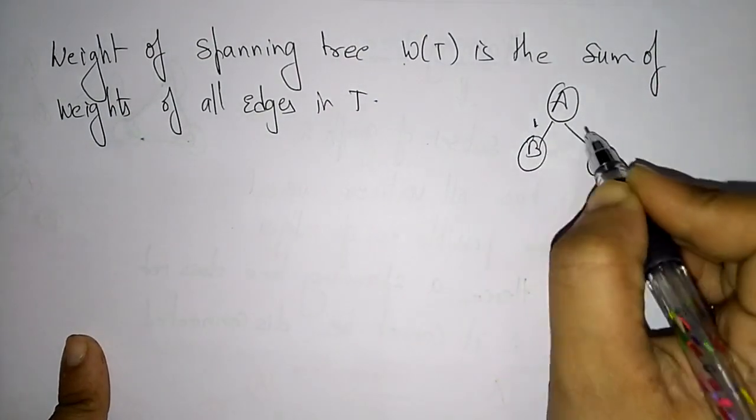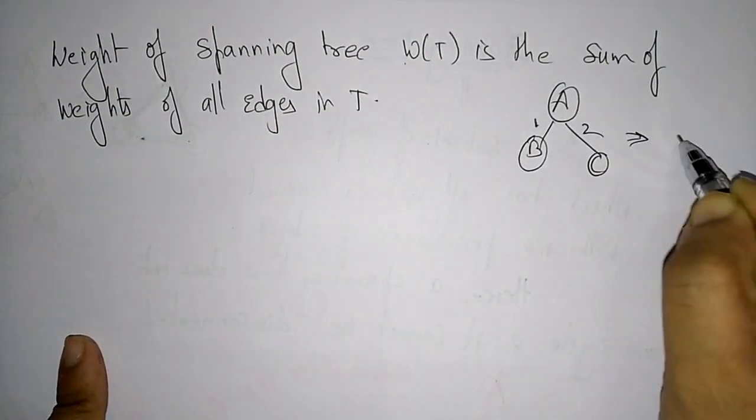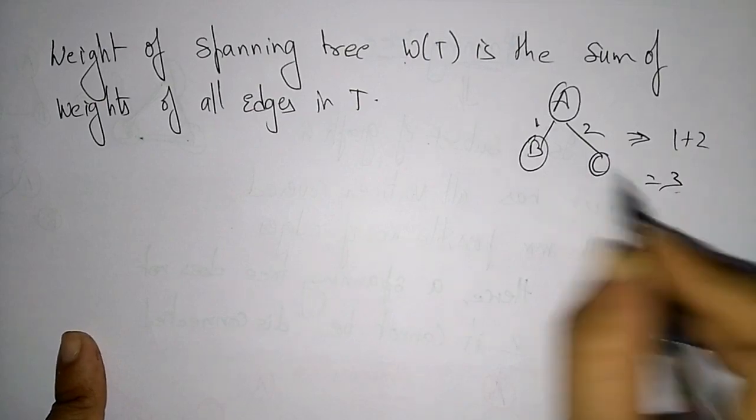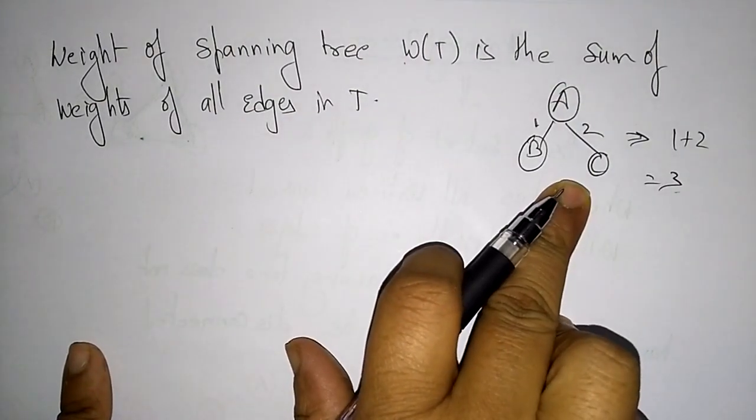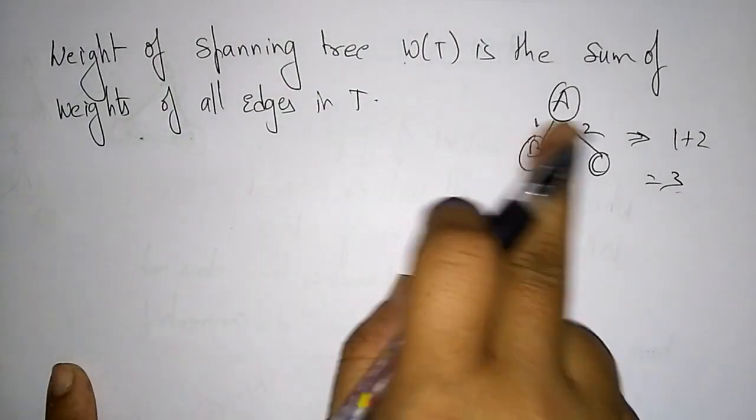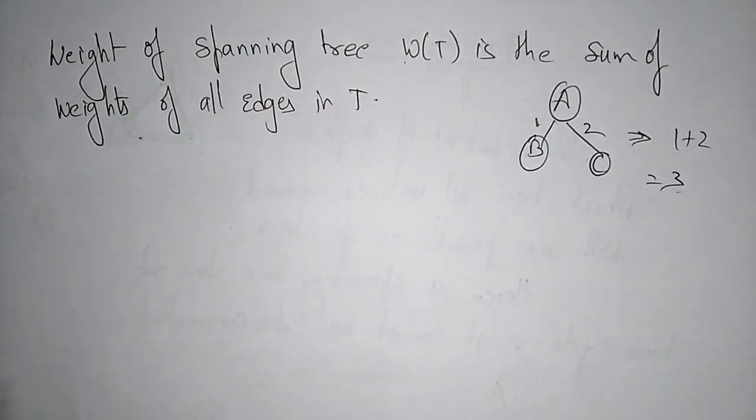So for this, 1 plus 2, 3. So the weight of the spanning tree here is 3.